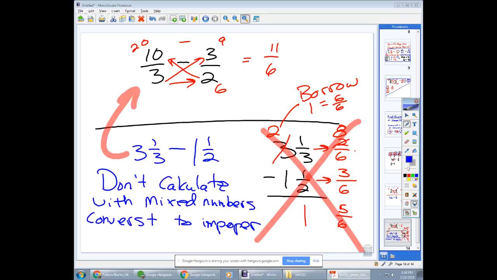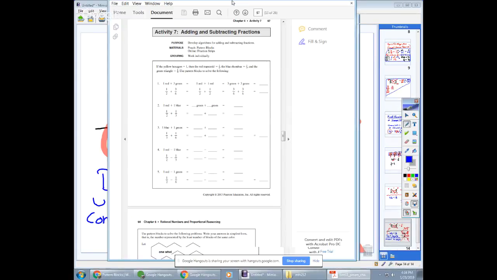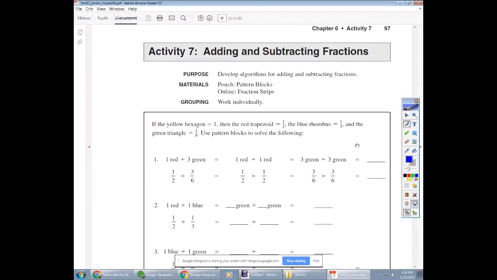The old workbook, so mine's on a different page, but it's the same thing. Oh, it's even the same number activity. What page is it on? Page 103.